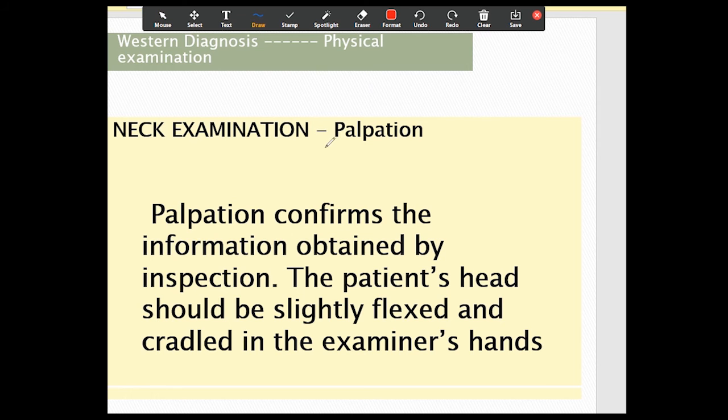In the neck, we can also use palpation. Physical examination ways: we have looking, or inspection, and palpation that we can use on the neck. So basically we do inspection first, then if we find something, we will palpate it.